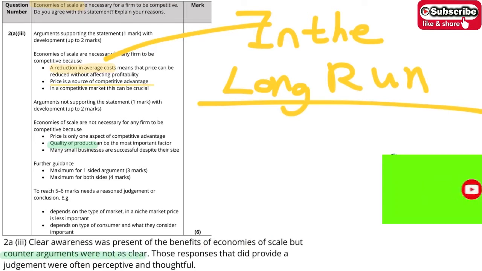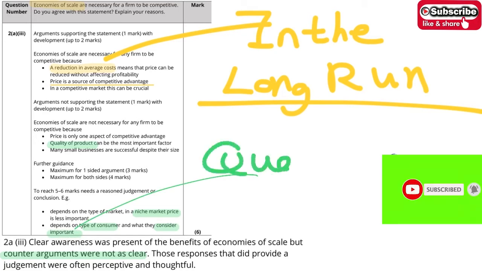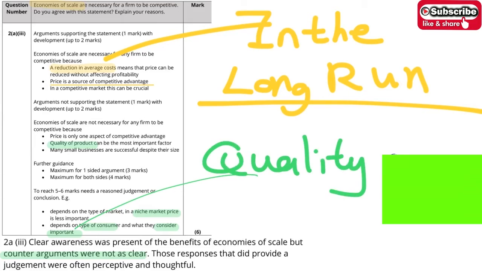Say for example, in the niche market, you focus on the quality, and the type of customer would consider the quality very important. So I would like to write down the quality: in the niche market, quality is the major focus of the customers. So this would be the counter argument.